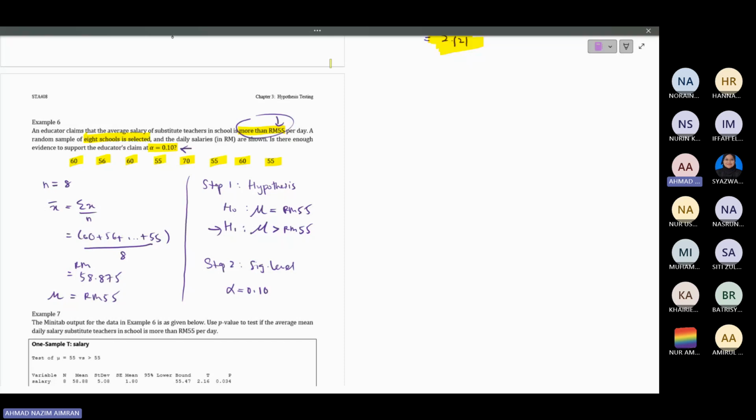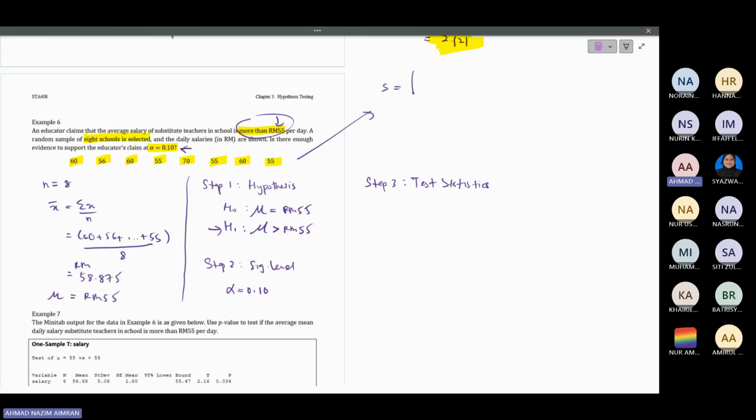So for step 3, the test statistics, before you can calculate the t calculated, you need to first find the S, the standard deviation of the sample.